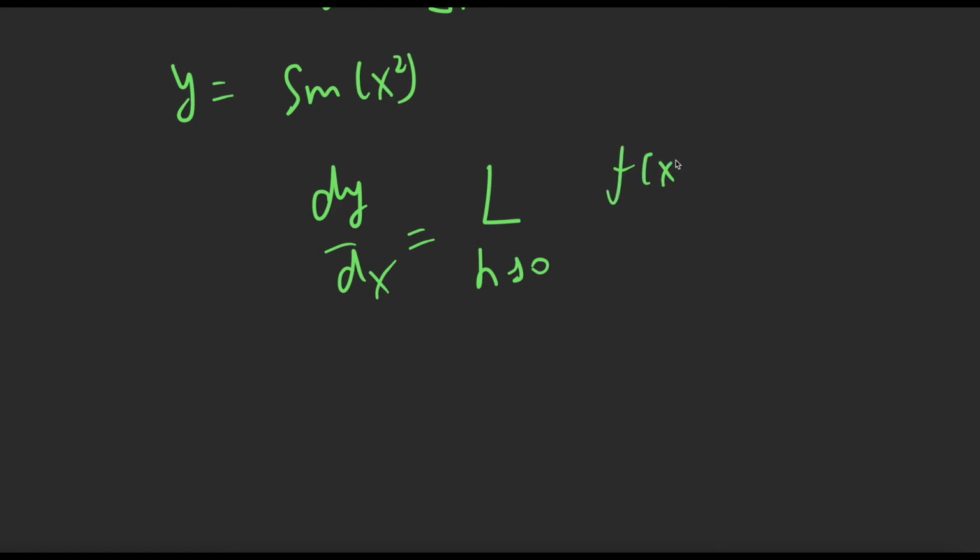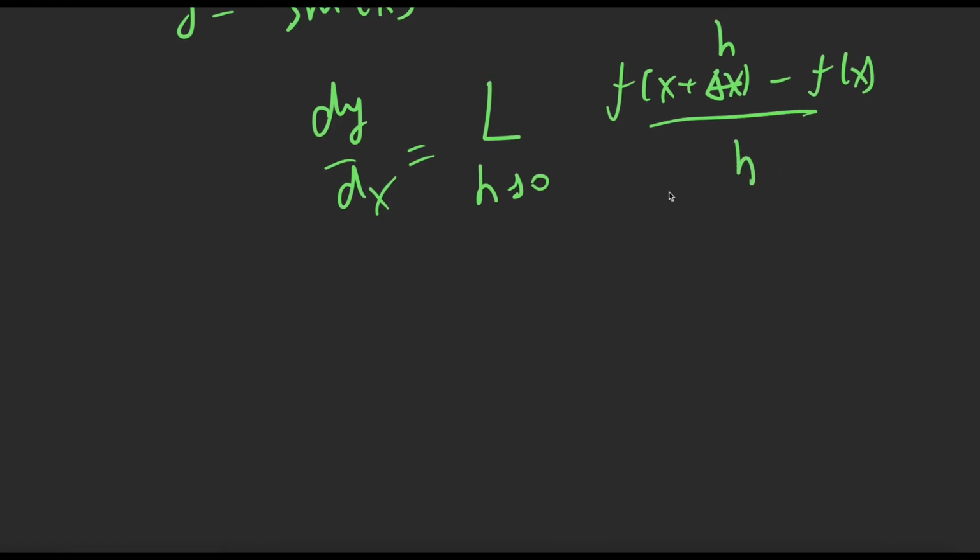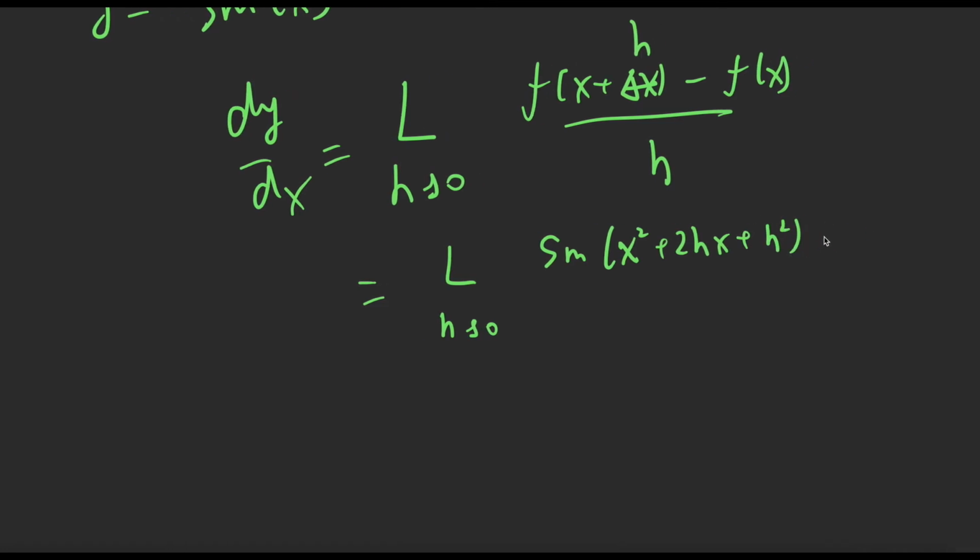So f of x plus delta x minus f of x, this is h over h, which is delta x. So that gives limit as h tends to 0 of sine of this thing square, which is x square plus 2hx plus h square, minus sine of x square, divided by h.